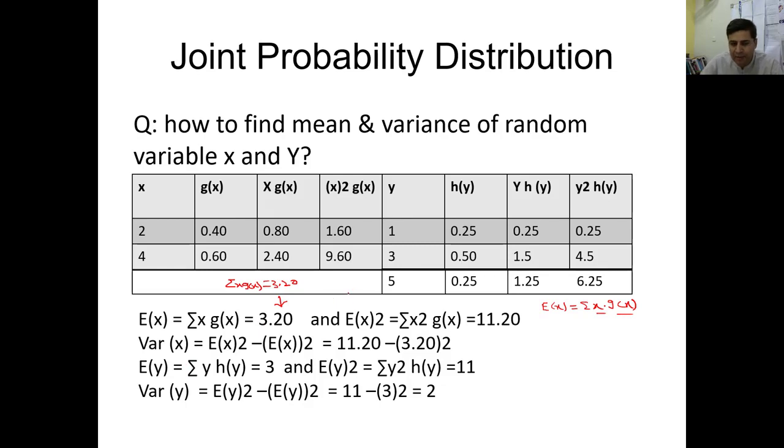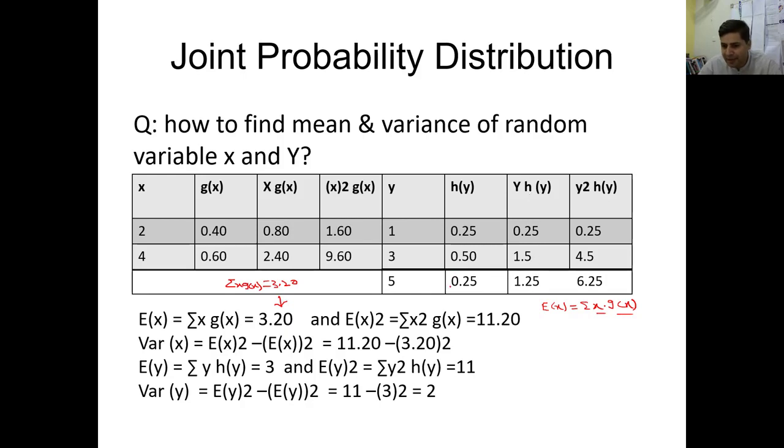Now, how will we calculate the mean of y? You multiply y into h(y), the respective probability. When y is equal to 1, the respective probability is 0.25. When y is equal to 3, the probability is 0.50, and when it is 5, the probability is this. When you multiply these, you get this.